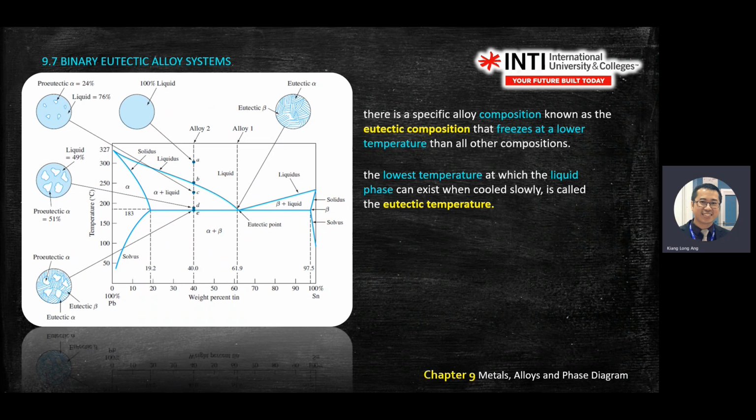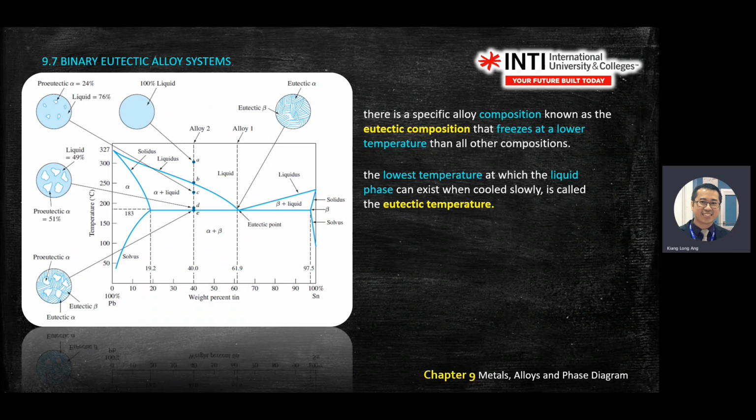Okay, if you drop, it means you take your ruler, you drop until you see the solid. The liquid phase can exist when cooled down. You look at the lowest temperature at which the liquid phase can exist.